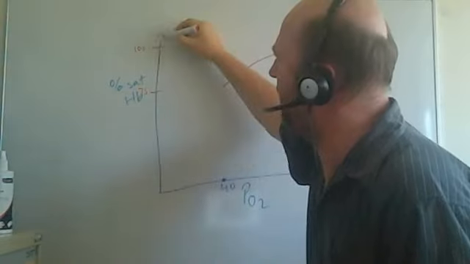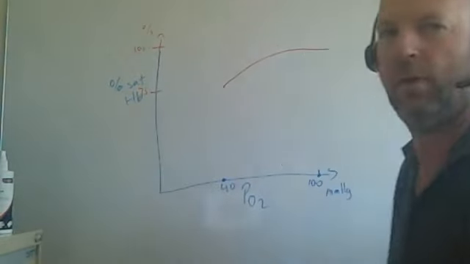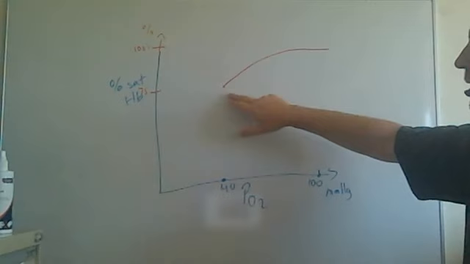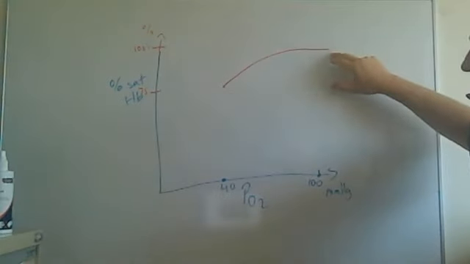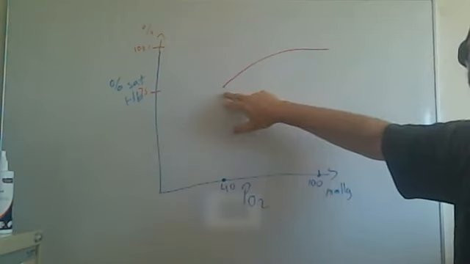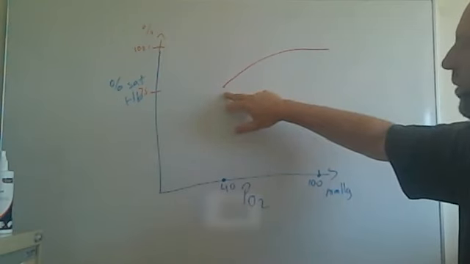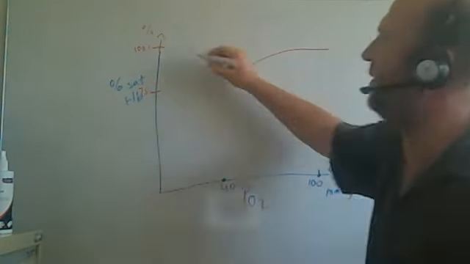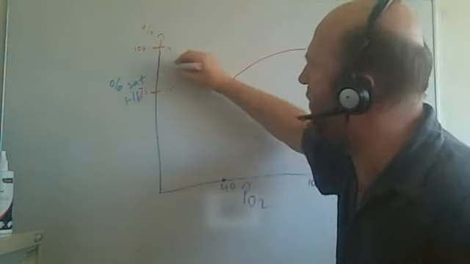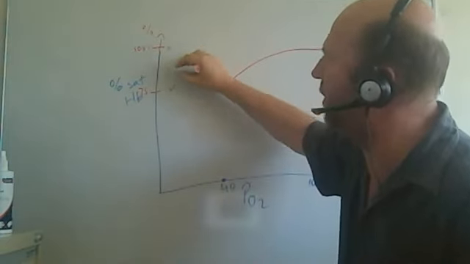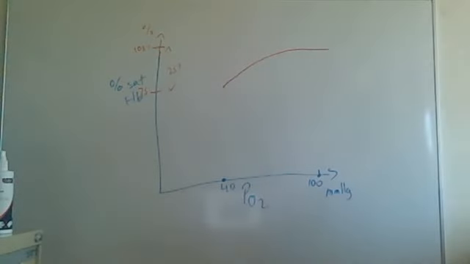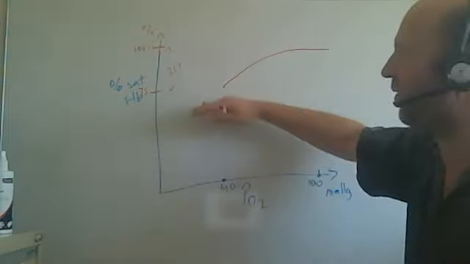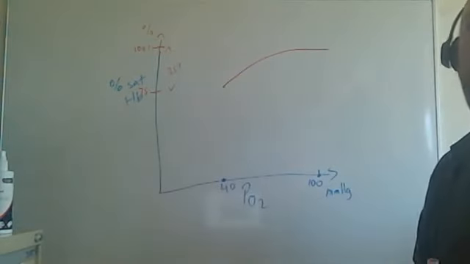So what you can see is that between 100 millimeters of mercury of PO2 to 40 millimeters of mercury of PO2, there is a change from 100% to 75% saturation of hemoglobin. So that means 25% of your hemoglobin molecules lose their oxygen. The remainder, the other 75%, are still bound to oxygen.